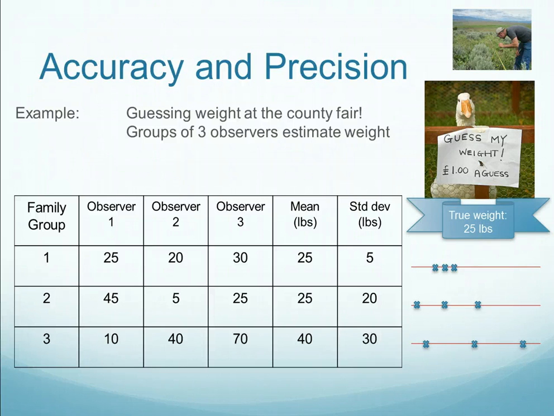In this case, we're able to weigh this goose and we know that its true weight is 25 pounds. So in this case, we would know that family groups 1 and 2 were equally accurate, but family group 1 is far more precise. We also can see that family group 3 is neither accurate nor precise.